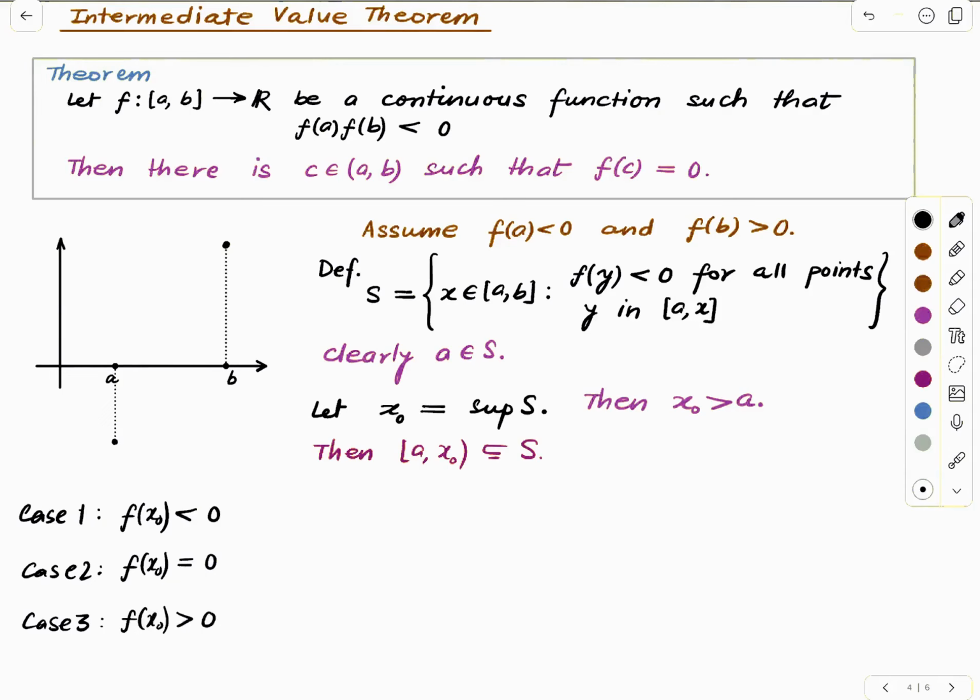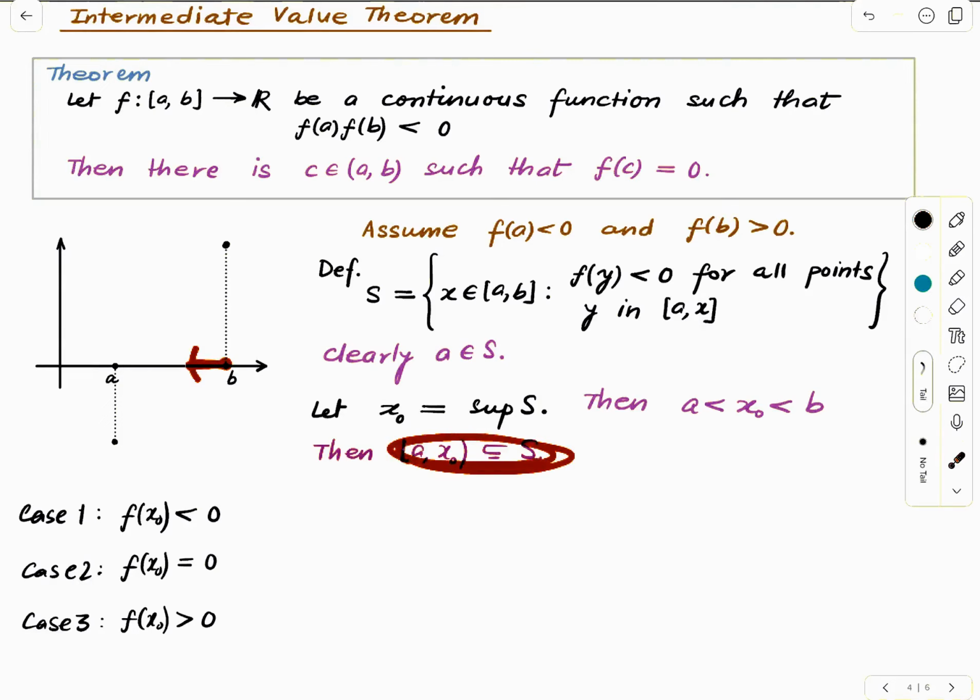Now, I should have also said before I came here, the supremum of S is strictly less than B. So let me write that. Because if x0 were equal to B, then the function would take positive value in a neighborhood around x0, and that would contradict this part.